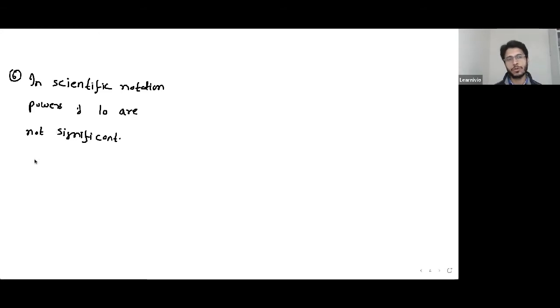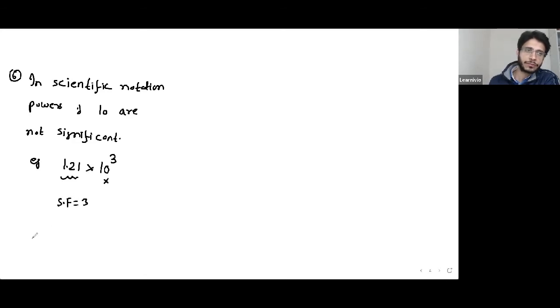Scientific notation means the number is in this form, 1.21 into 10 raised to the power 3. You just have one digit before the decimal and then you have powers of 10. These powers of 10 are not significant. You will count the significant figures only here. So the number of significant figures is 3 only.